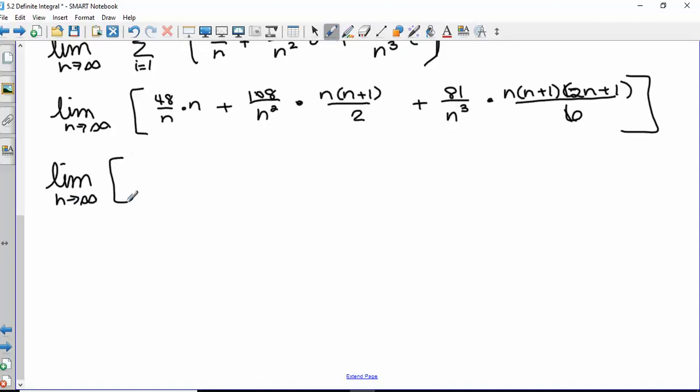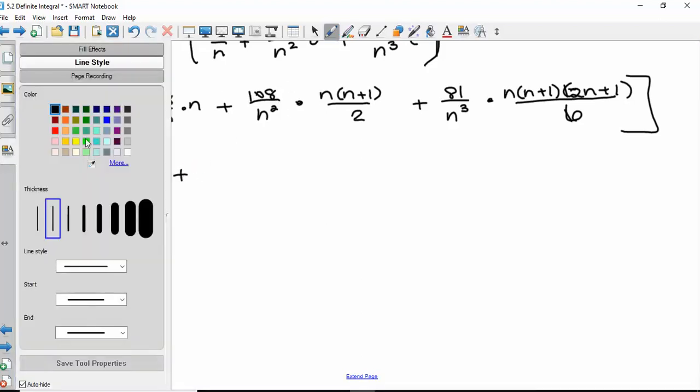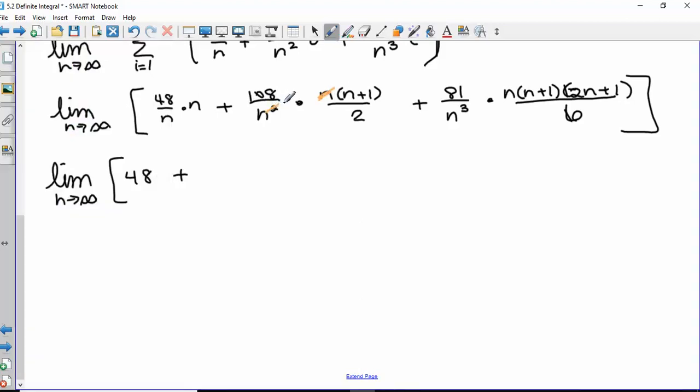This is really just a lot of algebra to simplify this stuff. 48 over n times n, 48, plus. You can cancel one of these n's. 108 divided by 2 is 54.